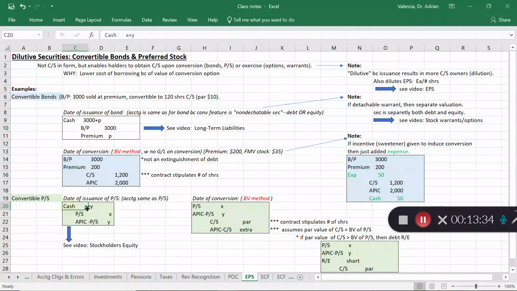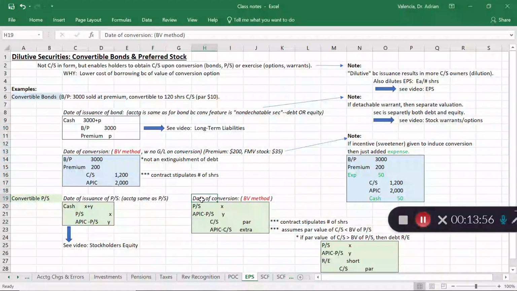So you're receiving cash X plus Y. So that in itself is like that. And again, notice how I am not valuing the amount for the conversion feature separately. This is all just one transaction. So this is a preferred stock that has a convertible option in it.